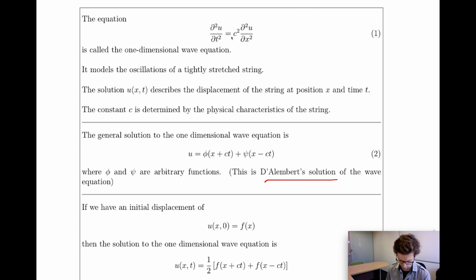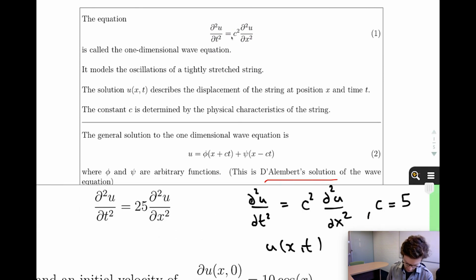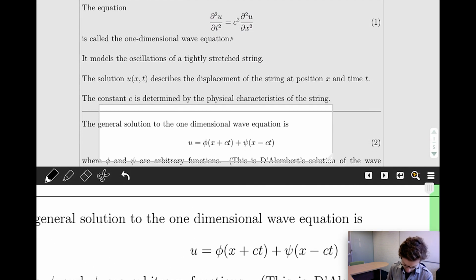It has the following form: u of x and t is equal to some unknown function phi, just in case you're not familiar with that symbol, that's pronounced phi, and an unknown function psi, where phi is a function of x plus ct and psi is a function of x minus ct.